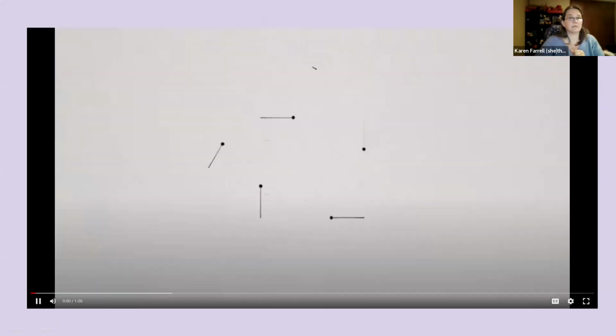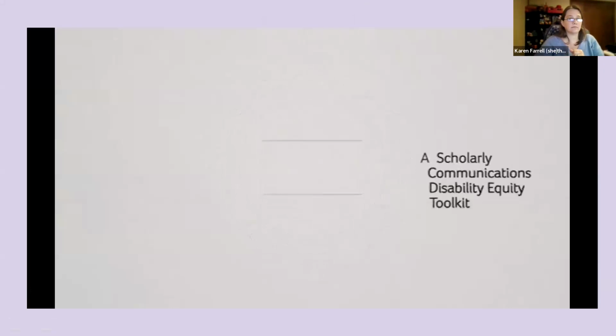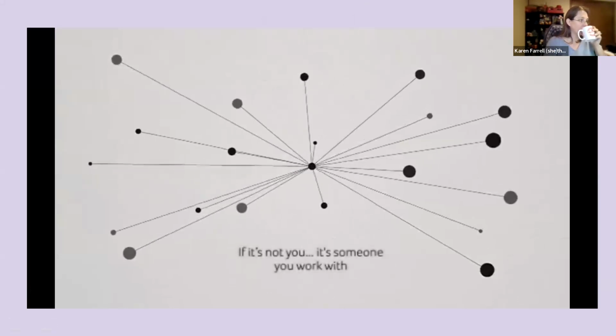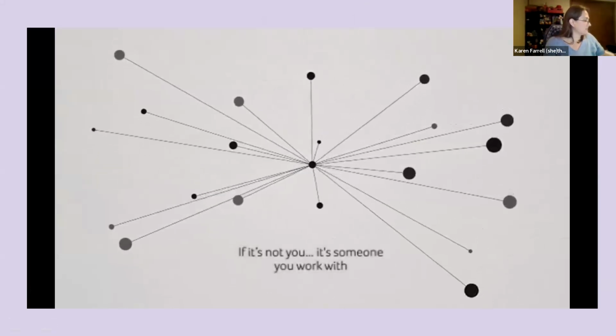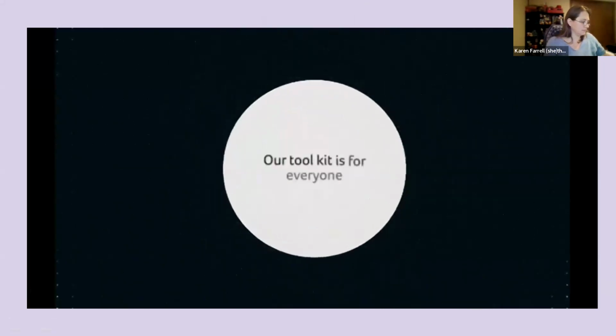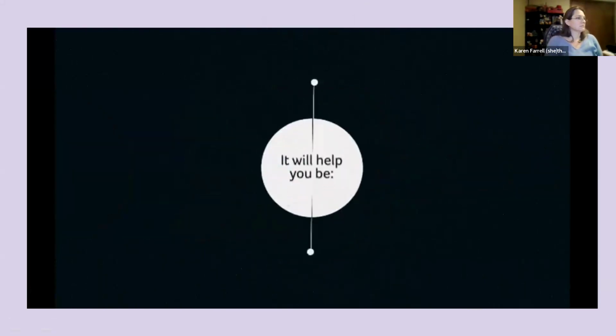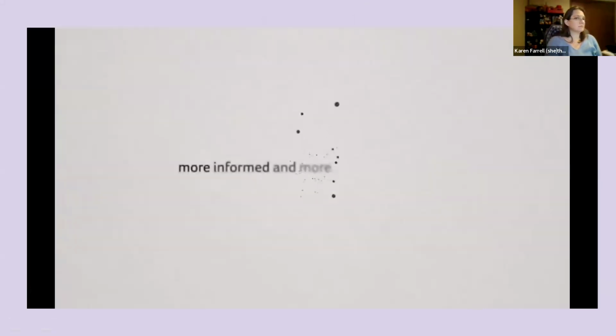Welcome to the Scholarly Communications Disability Equity Toolkit. 1 in 7 people have a disability. So if it's not you, it's someone you work with. Our toolkit is for everyone involved in scholarly communications. It'll help you be more informed and more disability inclusive.